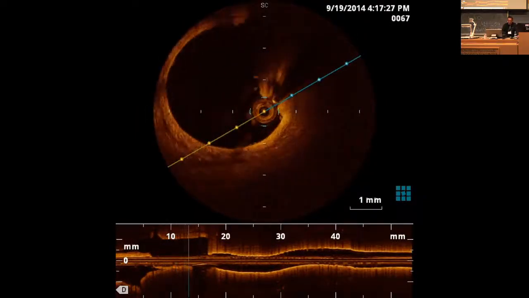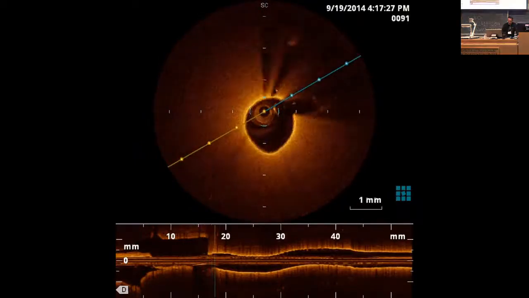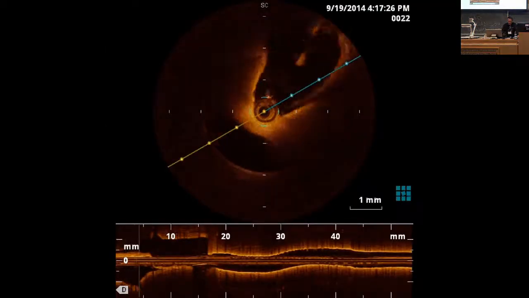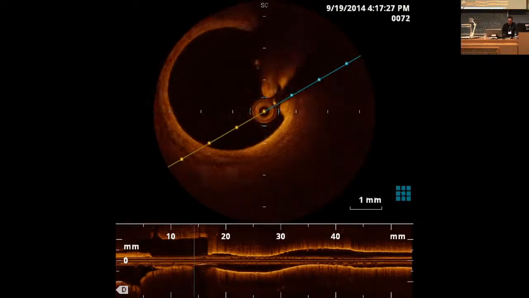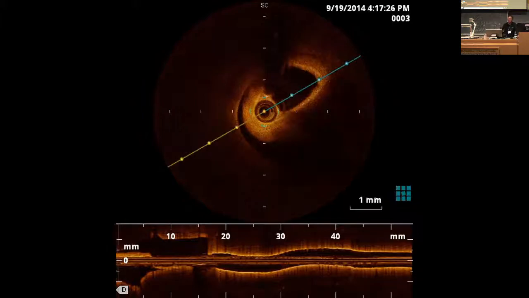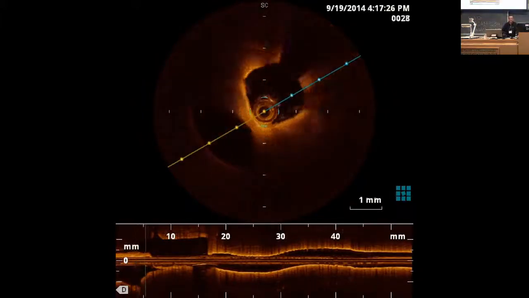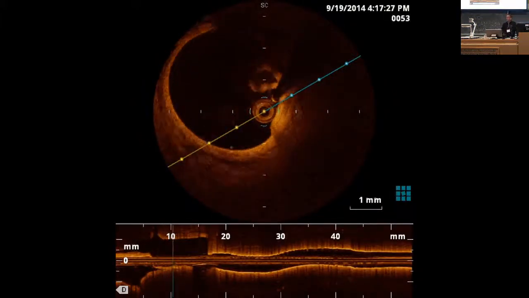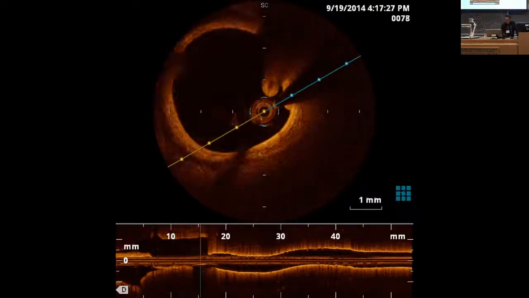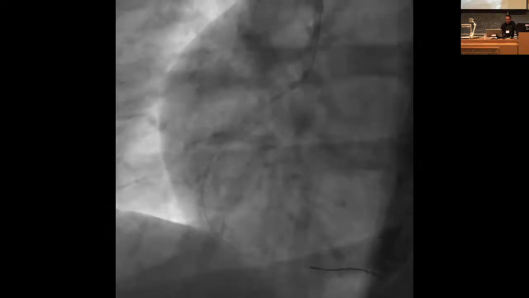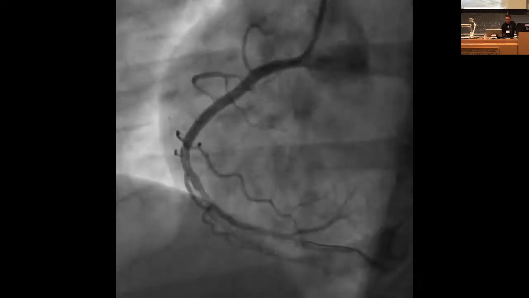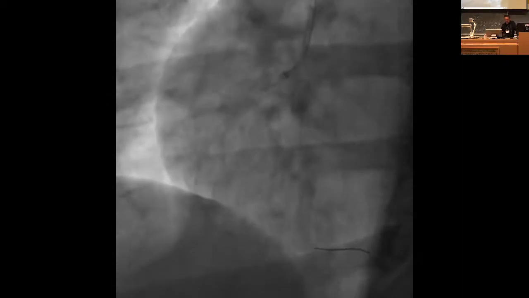You can see that there's a membrane, of course, and see this dissection curve up there, so a spiral dissection of the vessel. And of course, the patient was doing poorly, and so he managed to put a long stent here, and now the flow is reestablished.